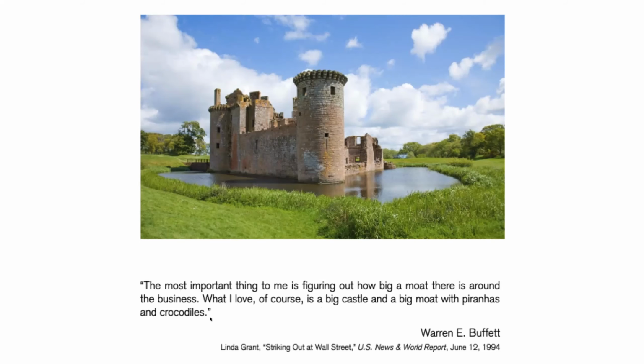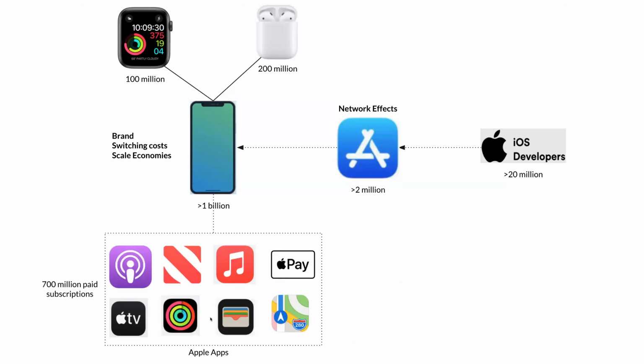Okay. Now, what I did was to distill it down, focus on one primary product of Apple, which is iPhone, and then try to see what characteristics make Apple durable. So the first one is, there are a billion iPhones that are active today, a billion.